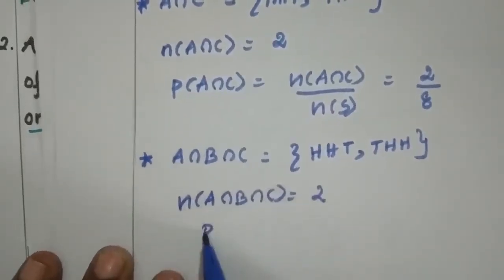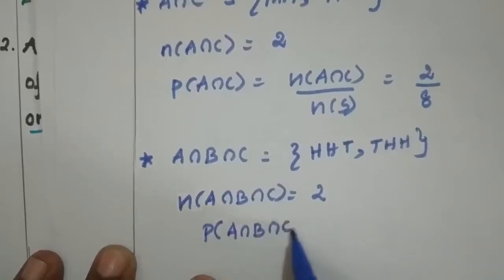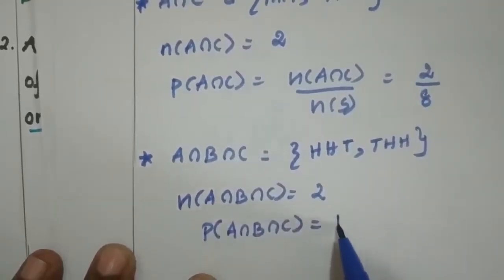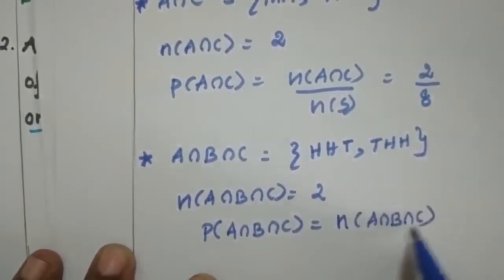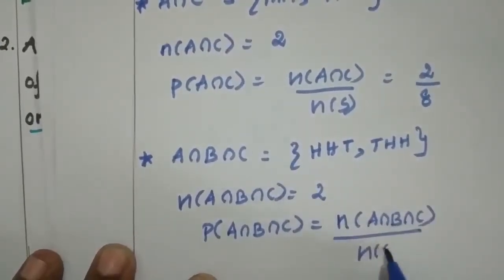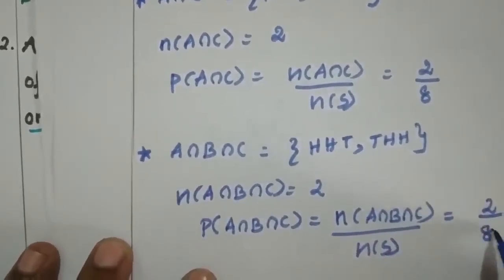Now let us find its probability value. P of A intersection B intersection C is equal to N of A intersection B intersection C divided by N of S, which is equal to 2 by 8.